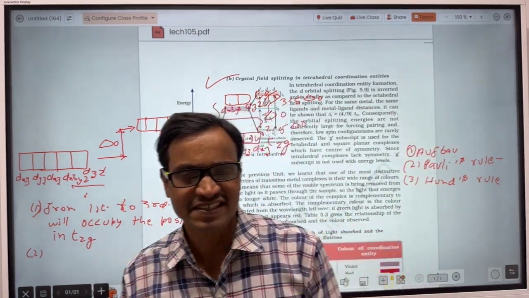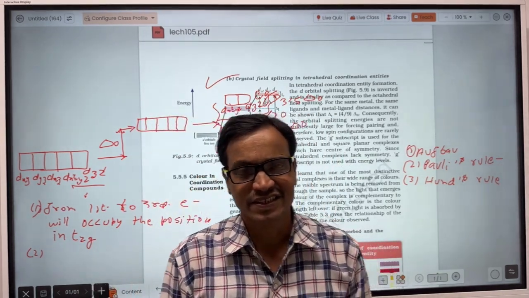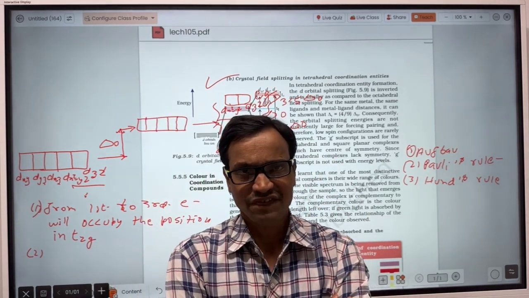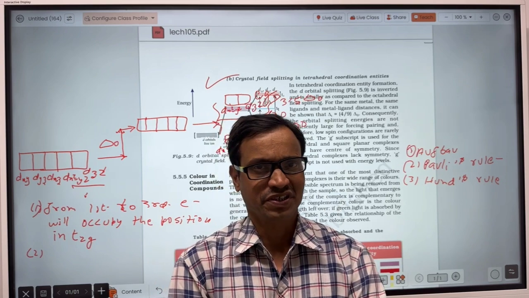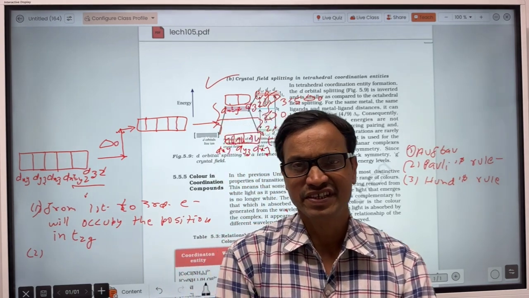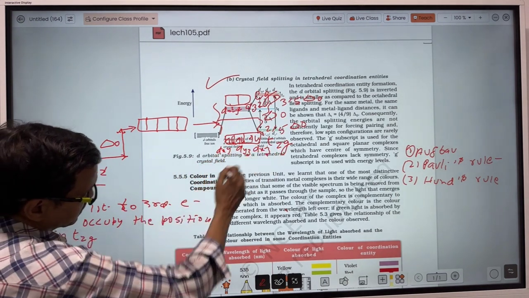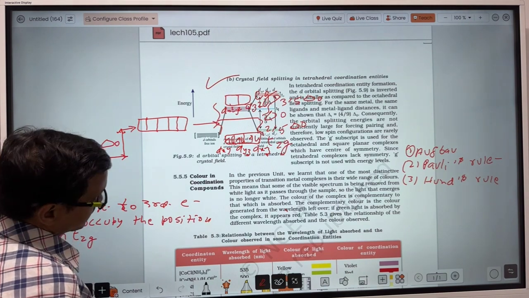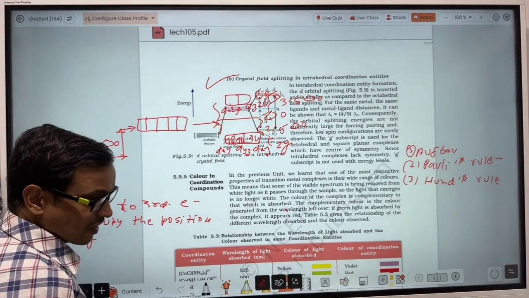So the pairing energy will be less than delta O in case of a strong field ligand, and more in case of a weak field ligand. So after the first three, the fourth electron will occupy the position in the T2g energy level when the pairing energy is lower than delta O.